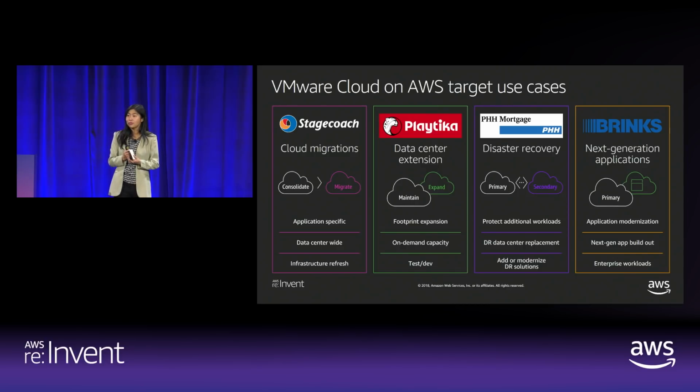As a result, they picked VMware Cloud on AWS for a couple of reasons, right? Number one, it was super fast to lift and shift and transform their applications into VMware Cloud on AWS. Number two, they now have the ability to extend into additional AWS services. And one thing they were in particular looking for was high availability, right?